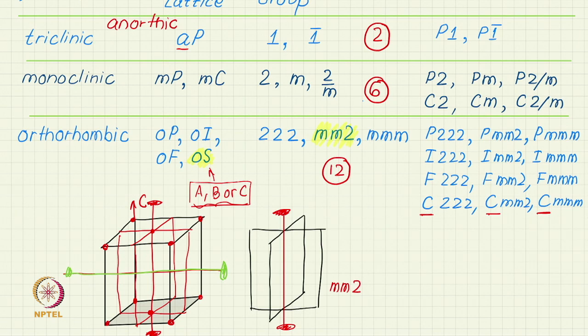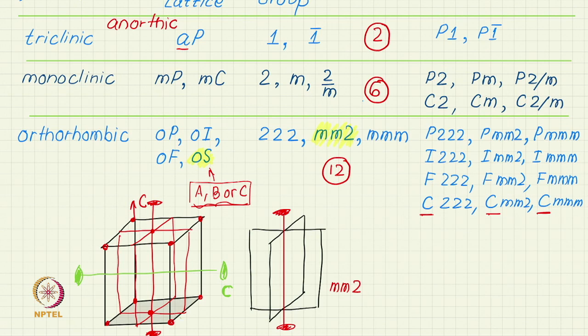we prefer to call the two-fold direction our C direction, in the green case, this will be my C face. So, the centering is now no more on the C face.